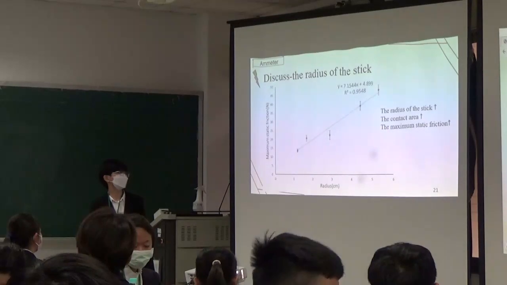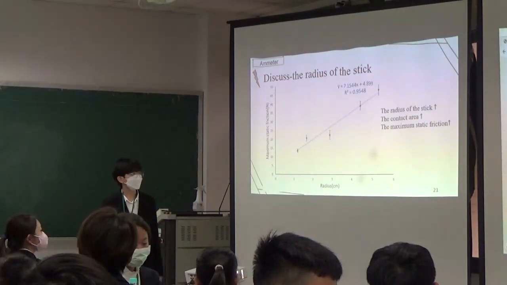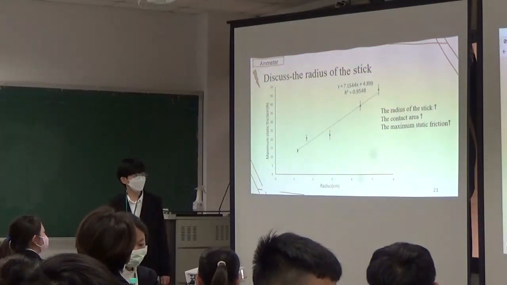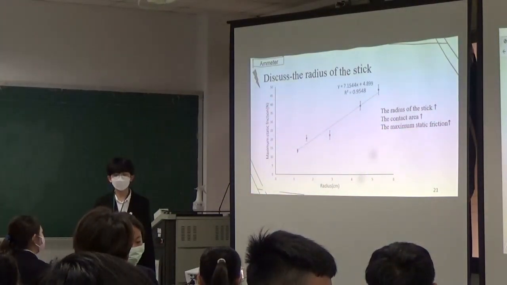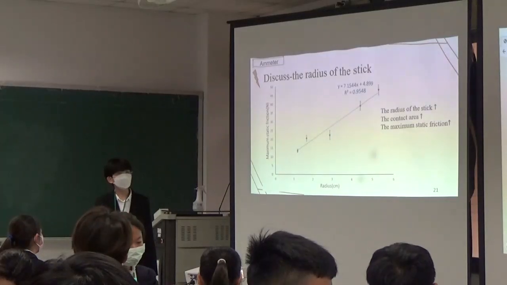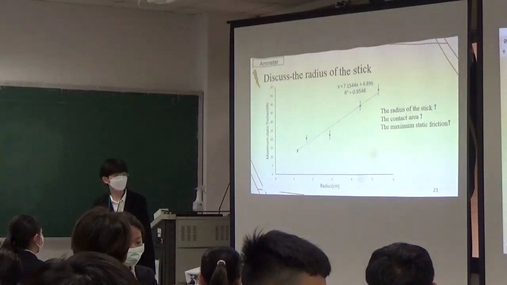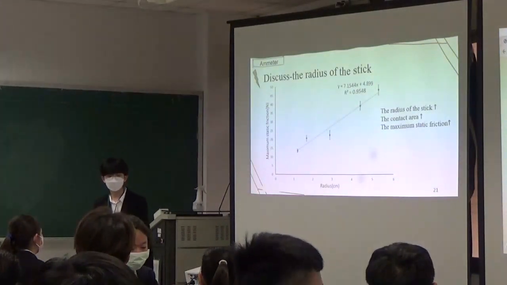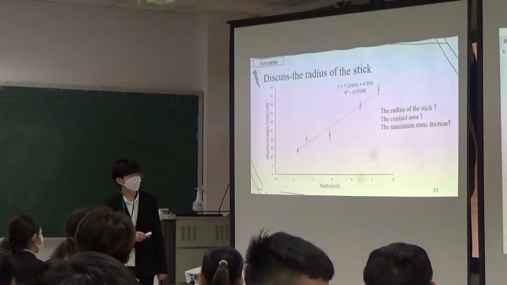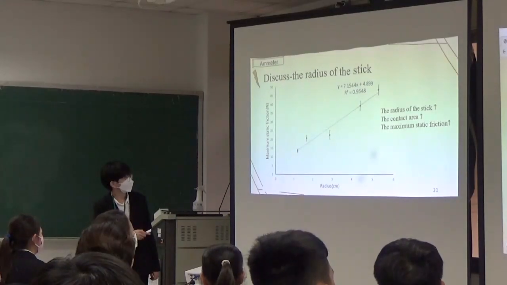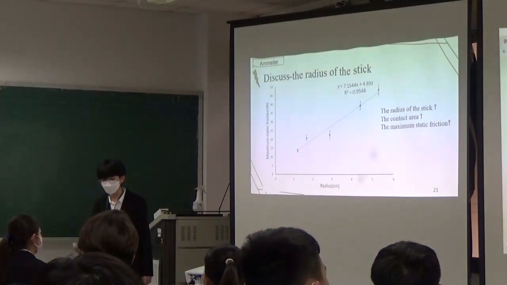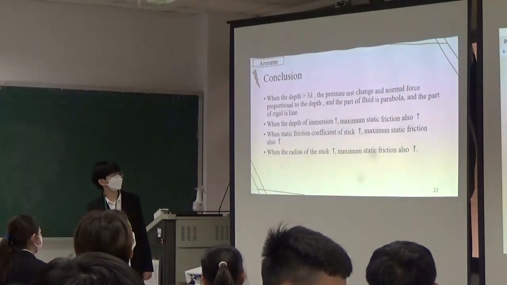The y-axis is the maximum static friction. So you can see when the radius of the stick increases, the contact area also increases. It means the silo effect theory, which is 2πR dz. So when the contact area increases, the maximum static friction also increases.